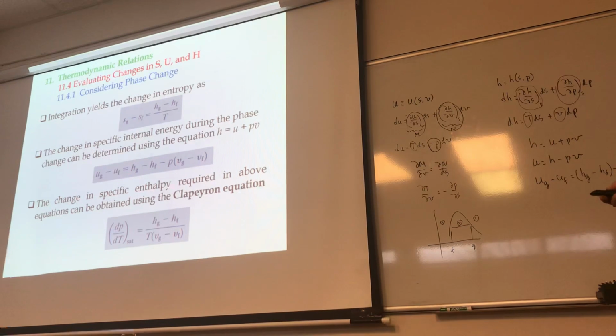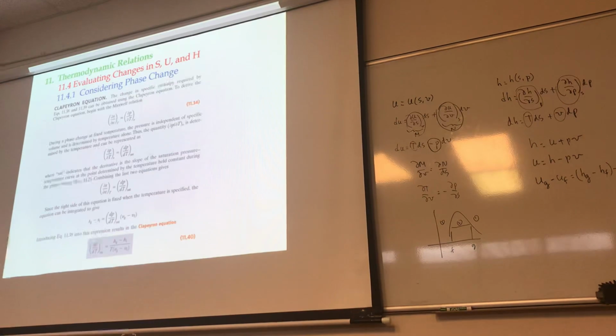So the change in specific enthalpy required can be obtained using what we call the Clapeyron equation, which is dP over dT at saturation is equal to Hg minus Hf divided by T times Vg minus Vf.